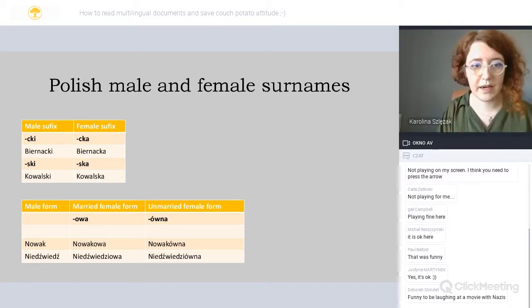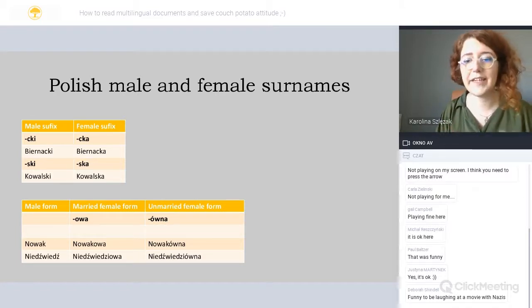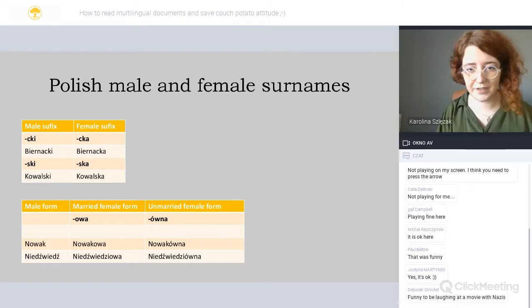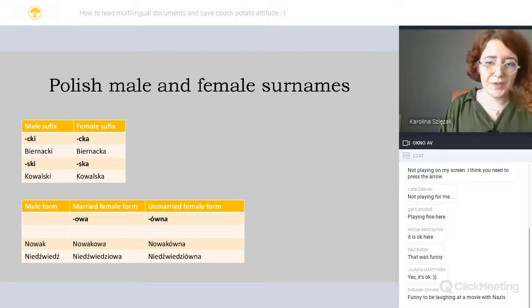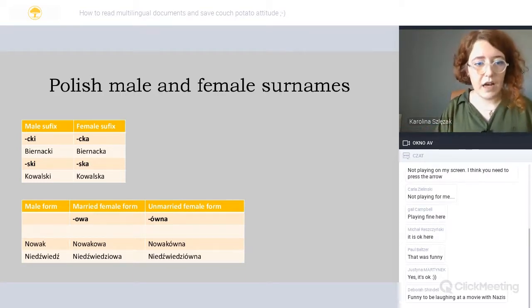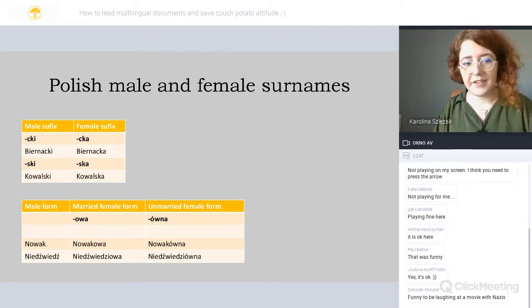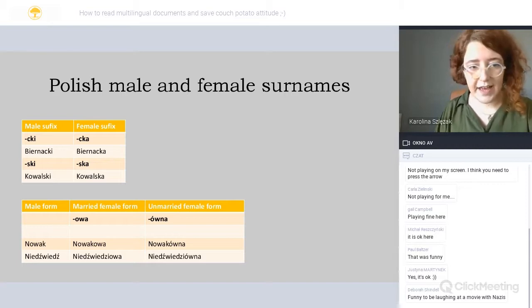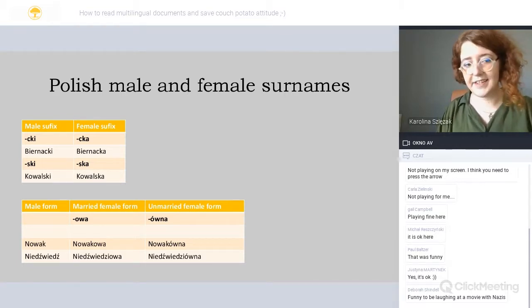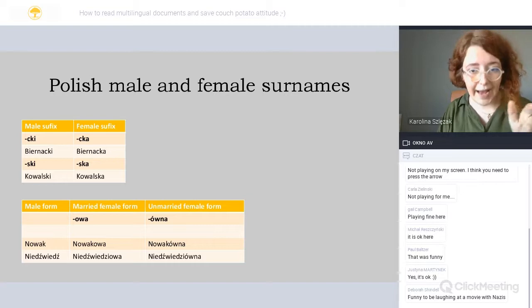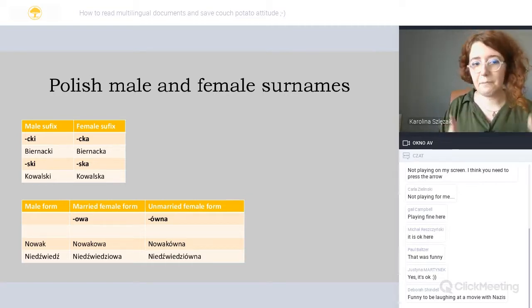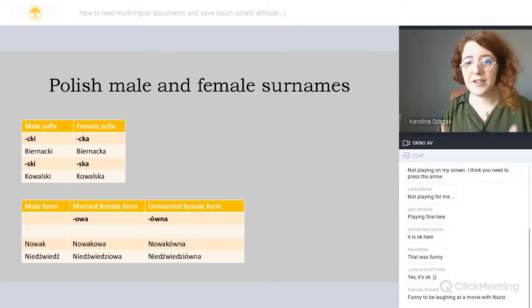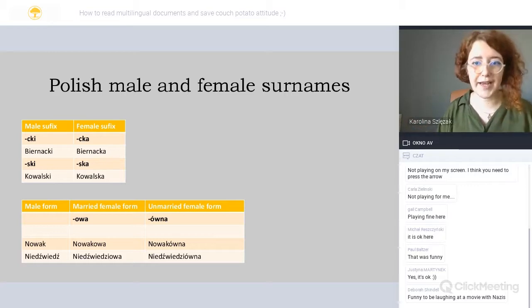Here we can guess whether the surname belongs to a woman or a man, because the endings, the suffixes like -ski, are male suffixes, and the female suffixes are -ska, so they end with an a.